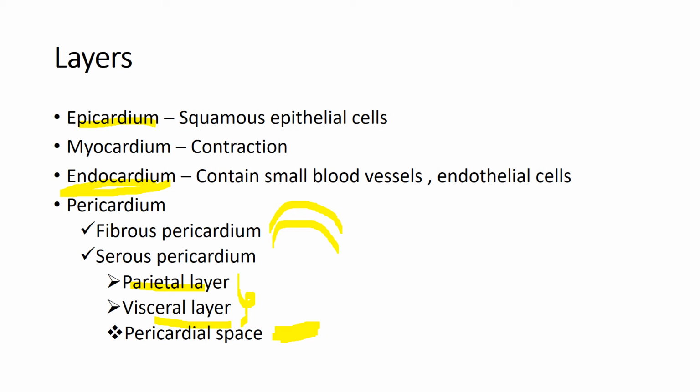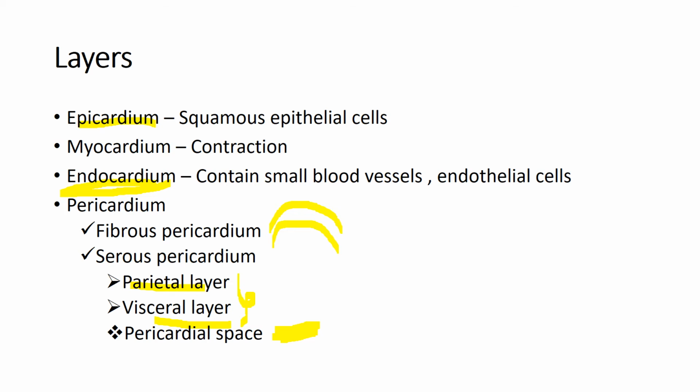There are certain cells that release slippery secretions that allow smoothing and do not allow friction between the layers. It basically reduces friction between the layers of the serous pericardium as the heart moves.